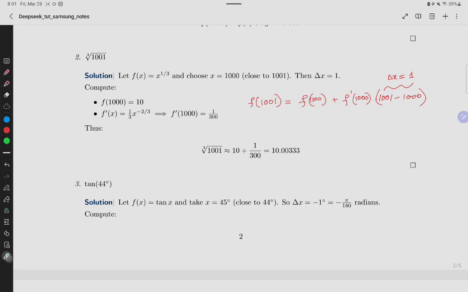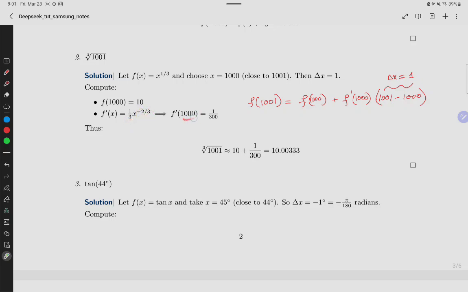So we'll evaluate f of 1000, which is 10, because 10 cubed is 1000, and the cube root of 1000 is 10. And then for f prime, we find the derivative of x to the power 1/3 using the power rule: 1/3 multiplied by x to the power 1/3 minus 1, which is minus 2/3.